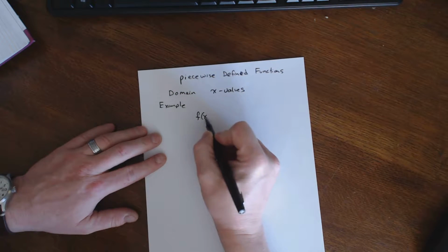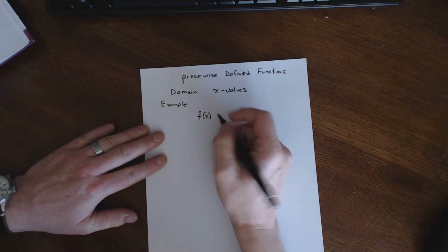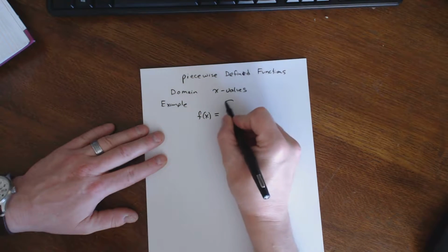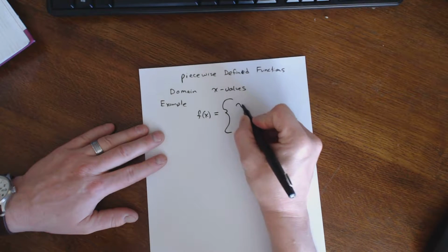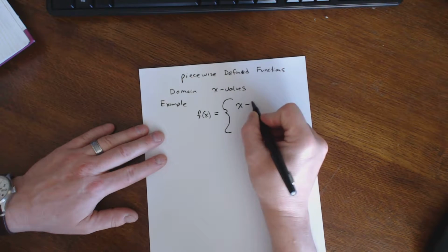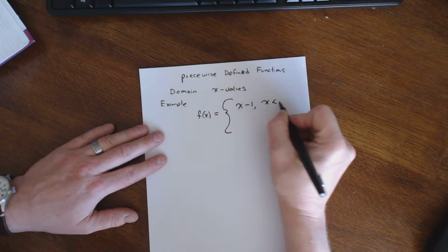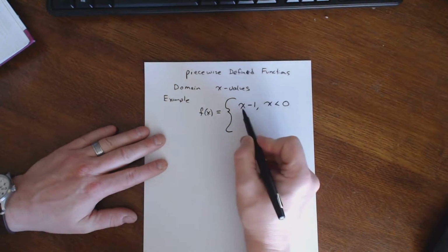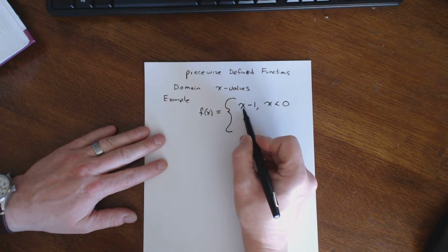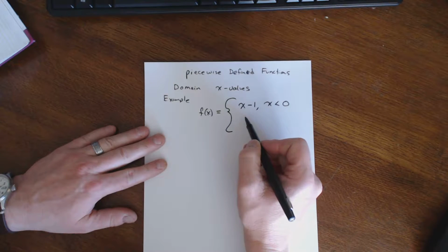we have our notation for our function f of x, and this could be equal to two different pieces. For pieces that are less than 0, we can say that all values are going to be put into this function and we're going to subtract 1 from them.